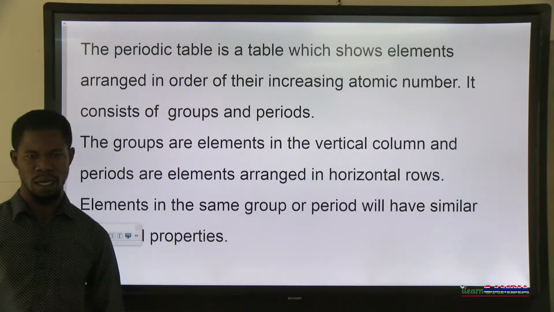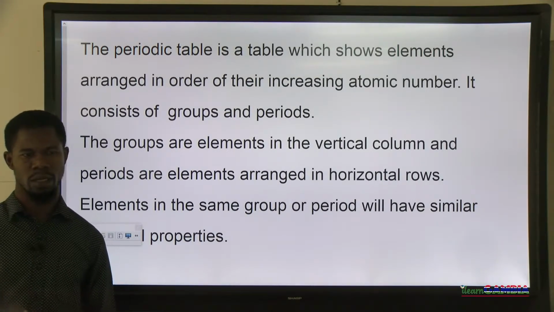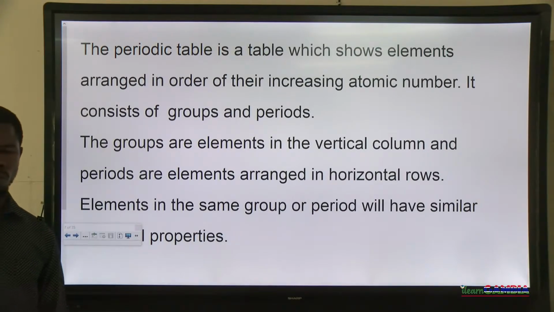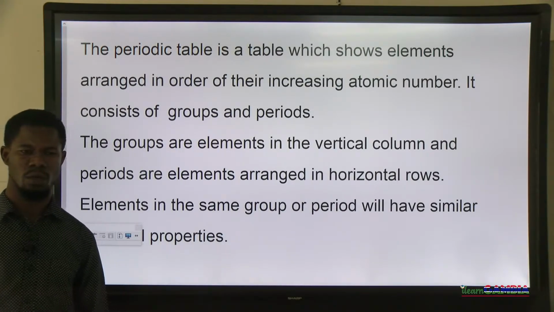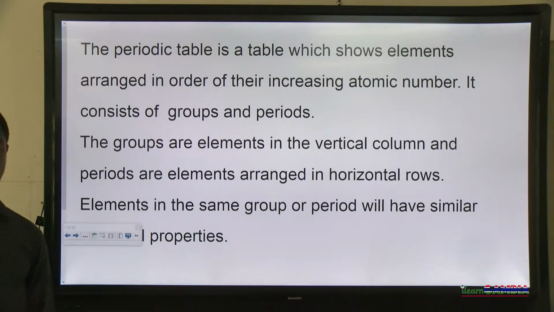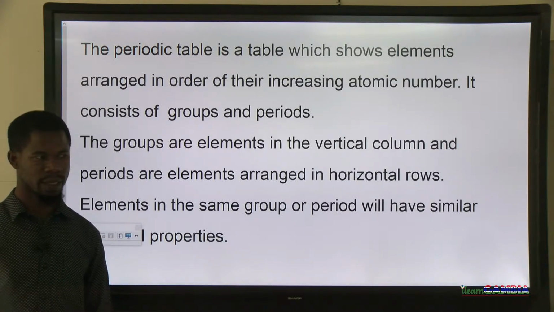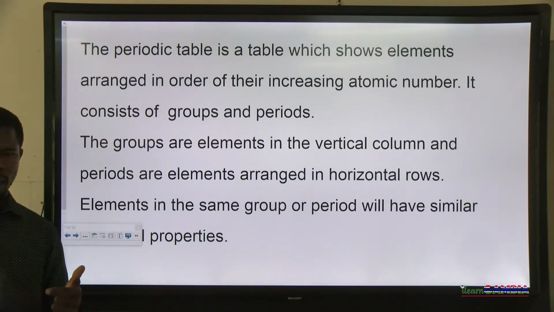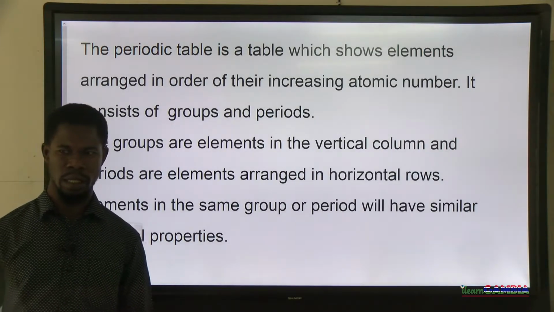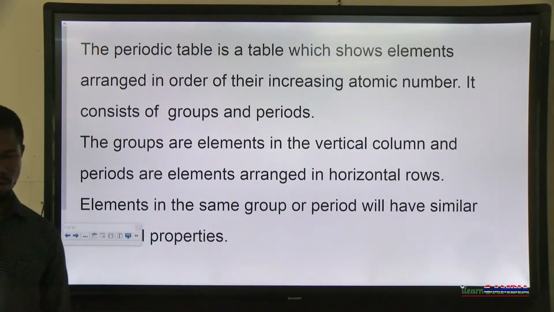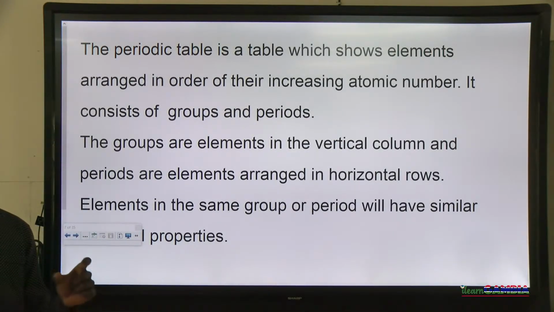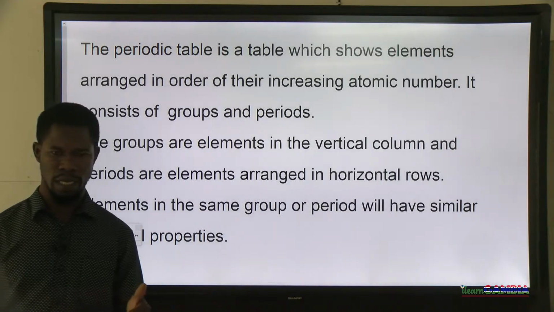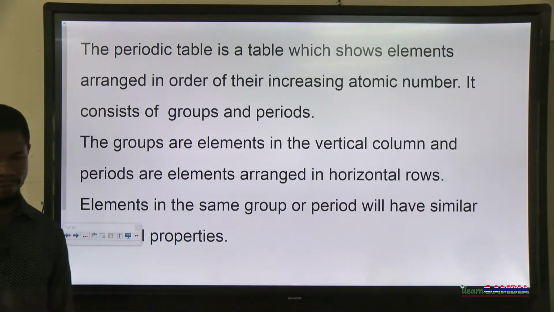You also have Mendeleev's own version of the periodic table, and his periodic law was stated as: elements in the periodic table are arranged according to increasing atomic mass. But his law failed at element number 18 and number 19.